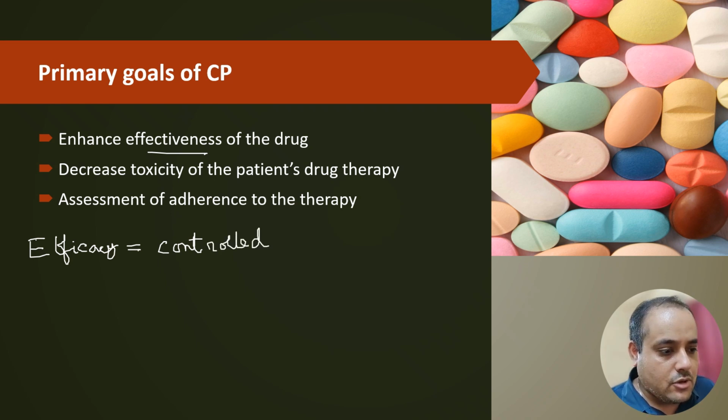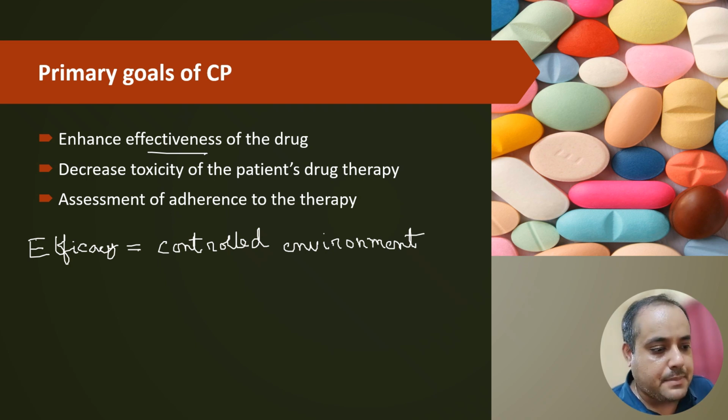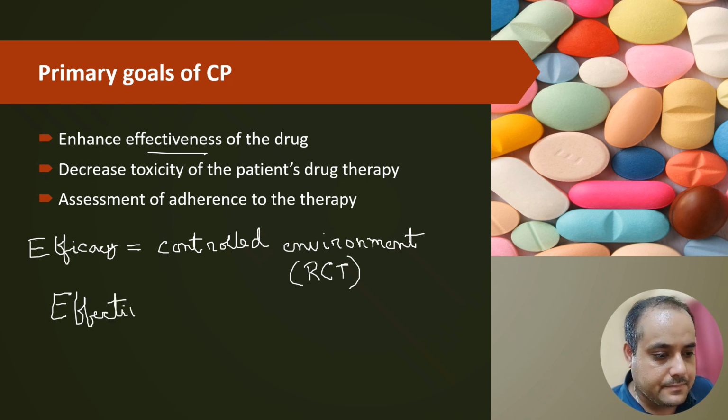So the term efficacy is technically given for controlled environments, for example a randomized controlled trial, a clinical trial. But in real life scenarios, the maximum therapeutic potential of a drug is known as the effectiveness of the drug. So this one is for real life scenarios.